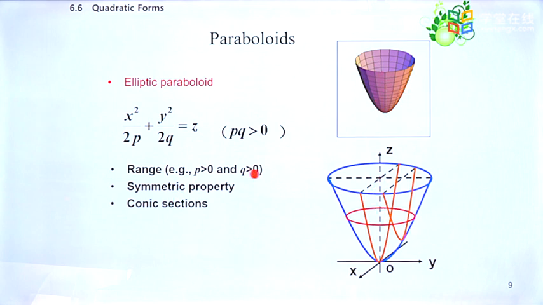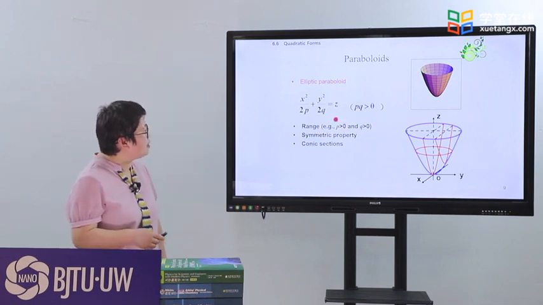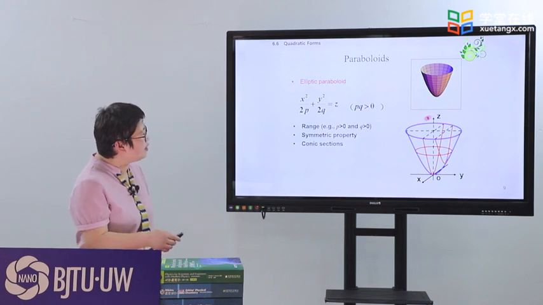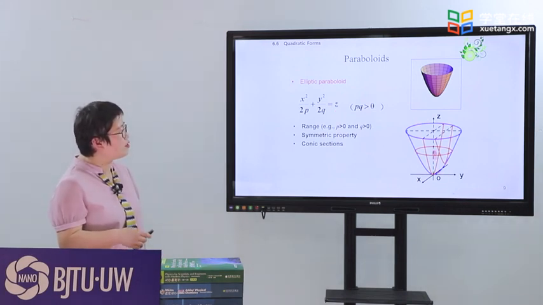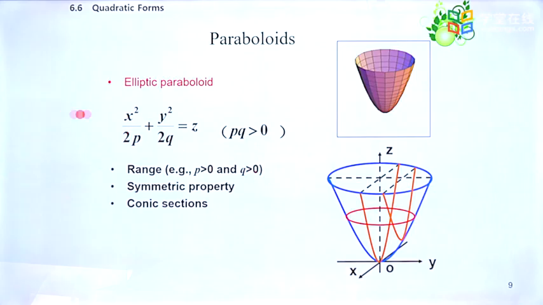So its range: you can see when p greater than 0, q greater than 0, for the x and y coordinates, they can tend to infinity, but z can only tend to positive infinity.